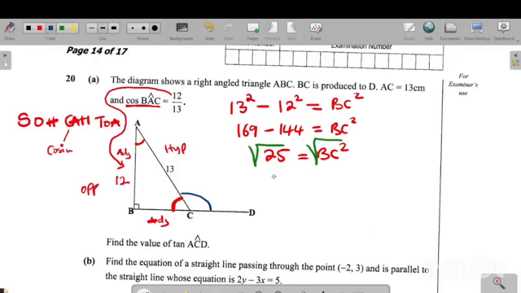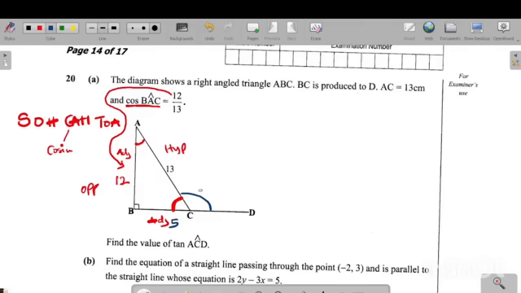So the positive square root of 25 is 5, equal to BC. So BC here is 5. Now we can go ahead and find the tan of this angle, which we use to find the one they are looking for.